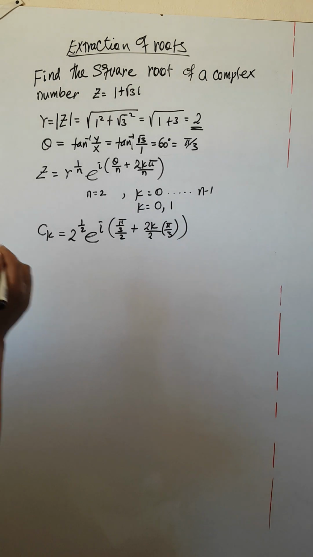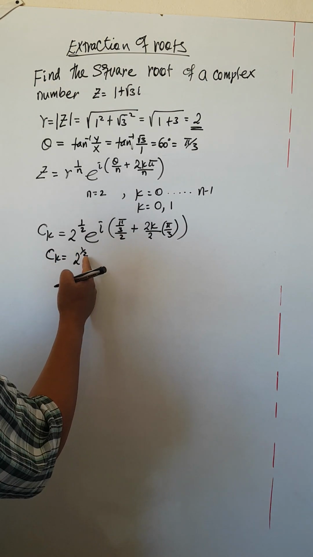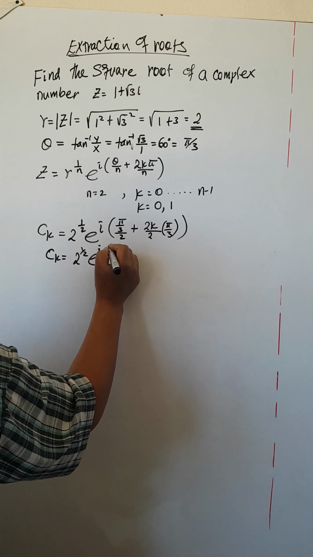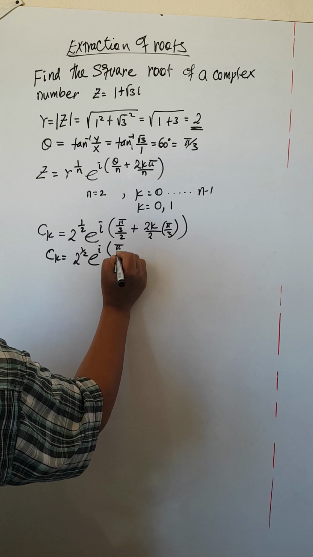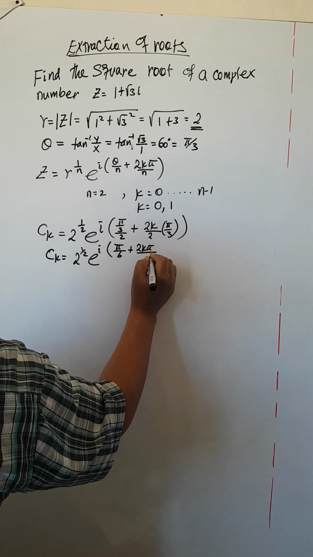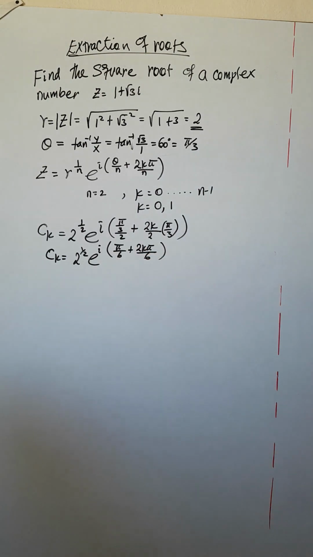So in general form, ck is equal to 2 to the power of 1 over 2 times e to the power of i times pi over 6 plus 2k pi divided by 2. This is the general form of the square root of any complex number.